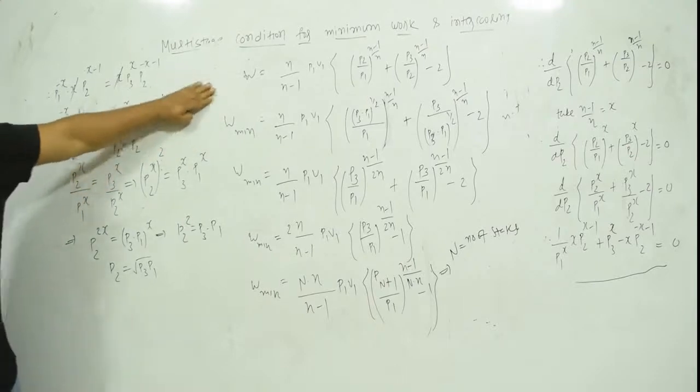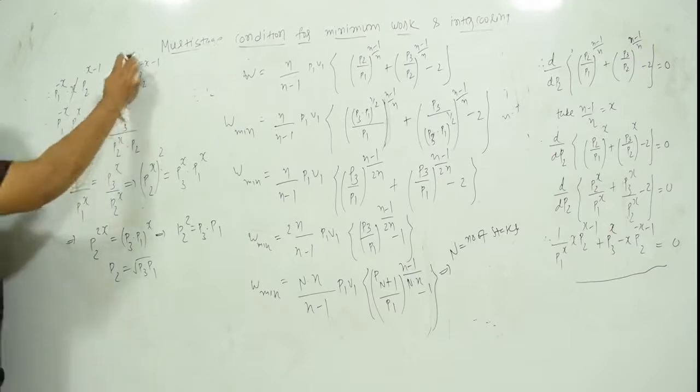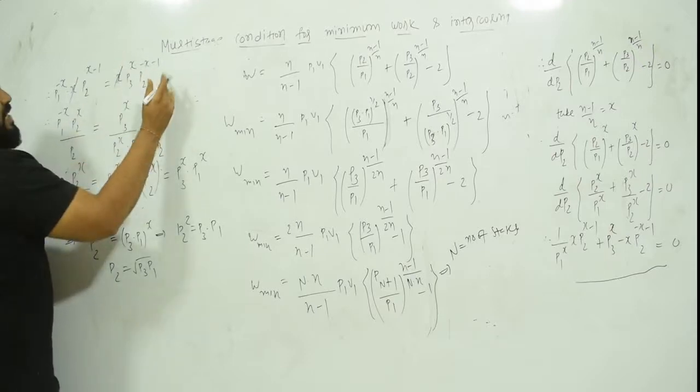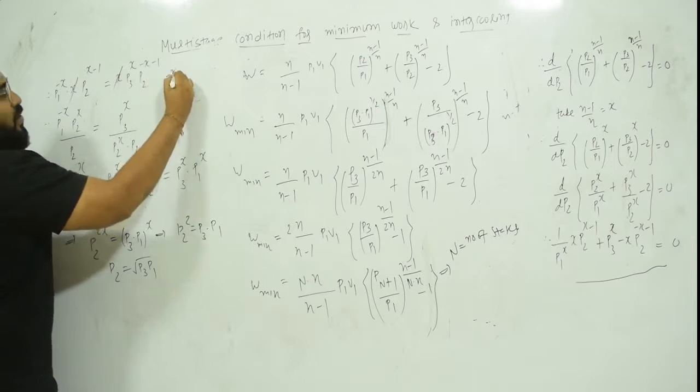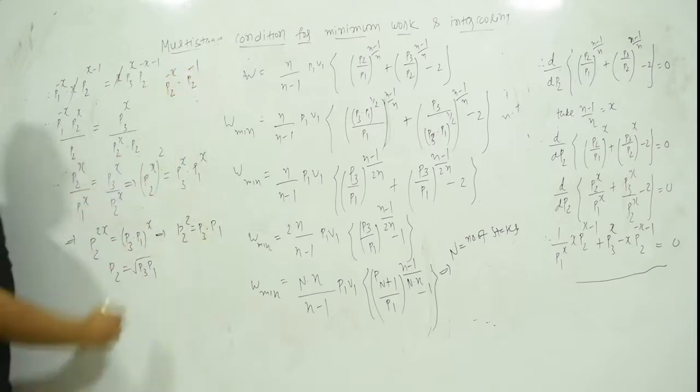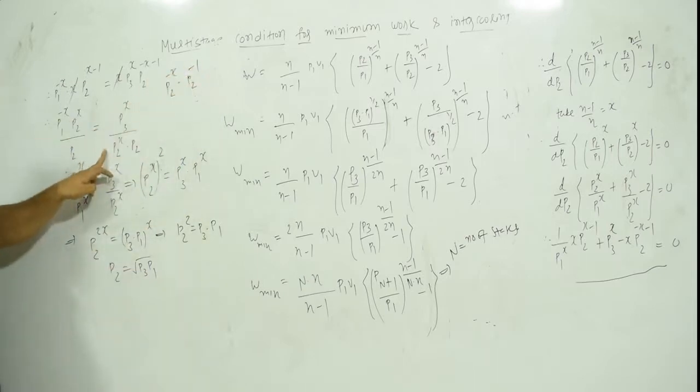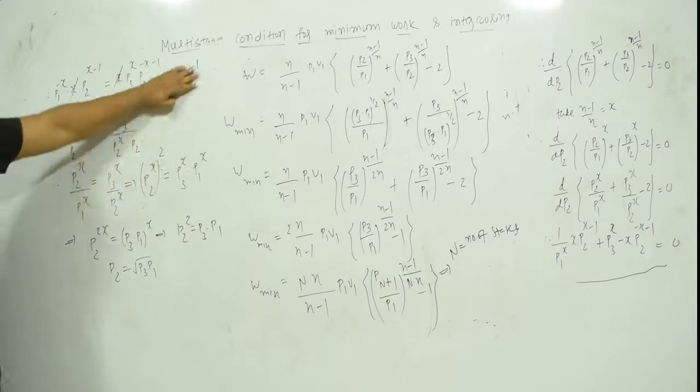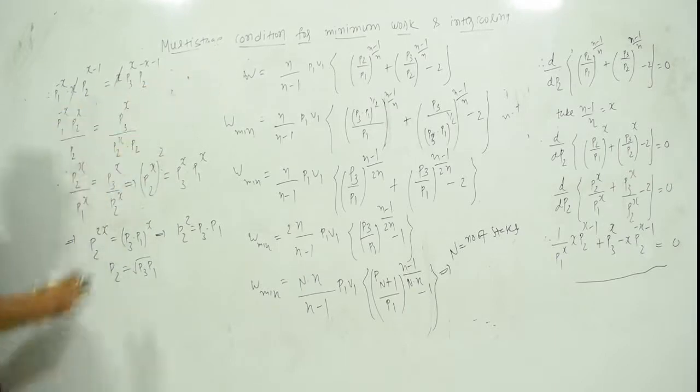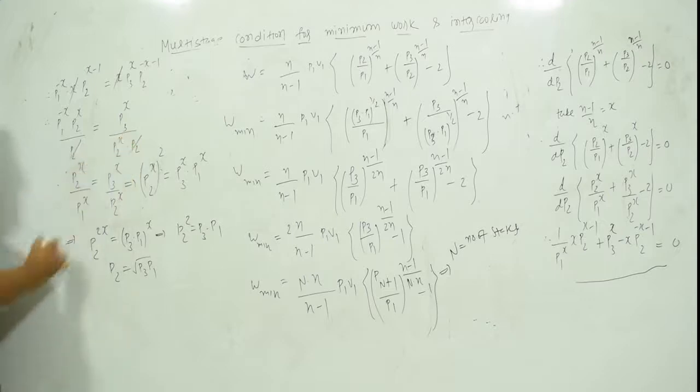Same way over here, P3 raised to x as it is. This is P2 raised to minus x minus 1, which can be written as P2 raised to minus x, P2 raised to minus 1. So both will go to the denominator: P2 raised to x and P2 raised to 1. So that is over here. Now what will happen? P2 will be cancelled. Now what are we going to do? P2 raised to x as it is. This is P1 raised to minus x, so it will go down.